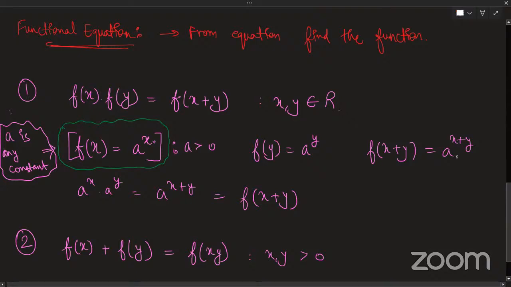If f(x) is a^x, then f(y) is a^y, and f(x+y) is a^(x+y), because instead of x, you have to put x+y. When you multiply f(x) and f(y), you know that if I have the same base, my exponents will get added. So it is a^(x+y), and that is equal to f(x+y).